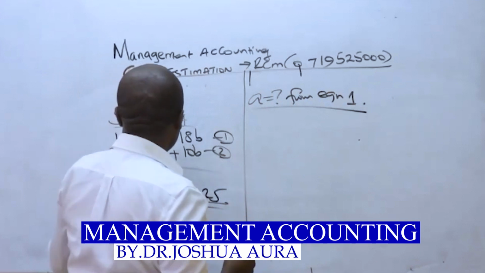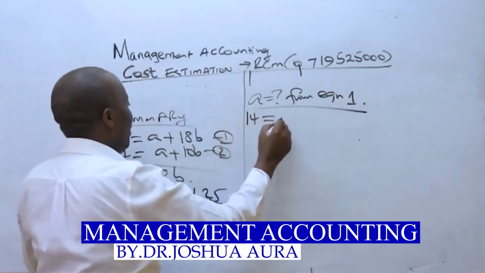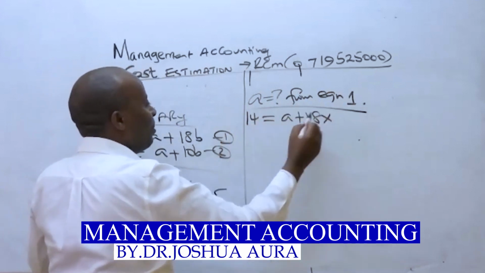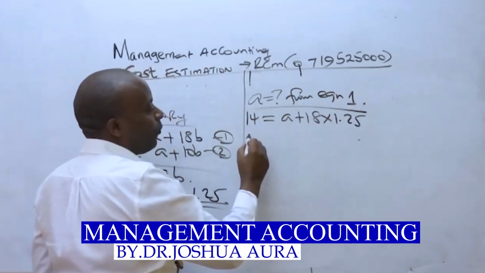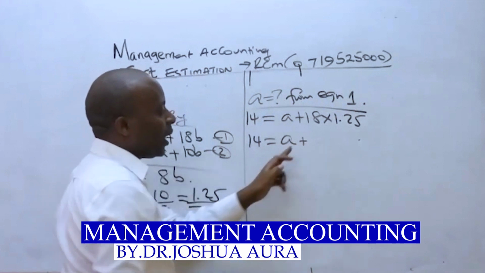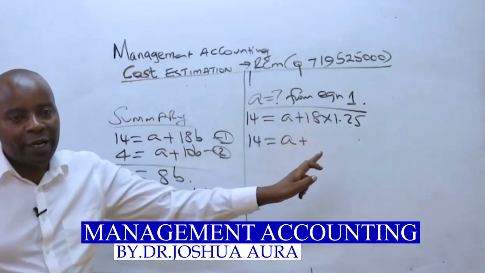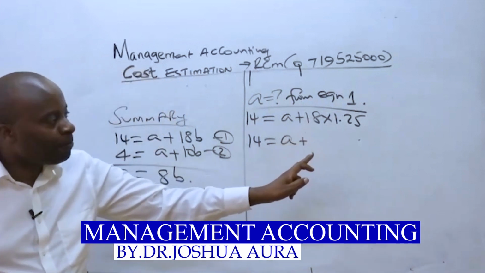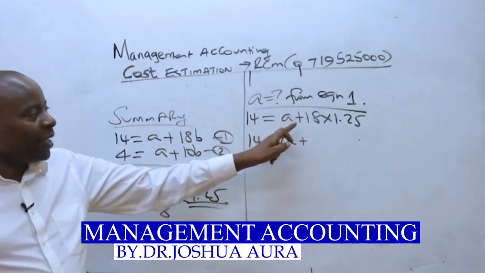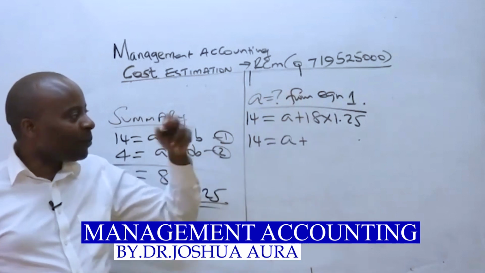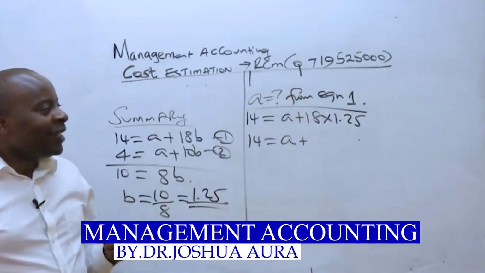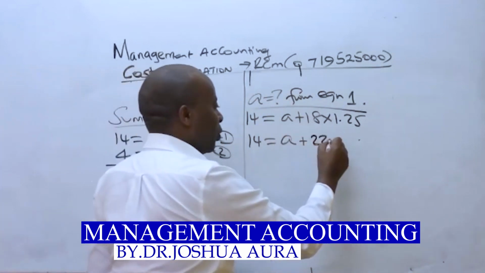From equation number 1, we have 14 equals A plus 18B. But fortunately, we know that B is 1.25. So then 14 will be equal to A plus, what is 18 times 1.25? 22.5, thank you very much.